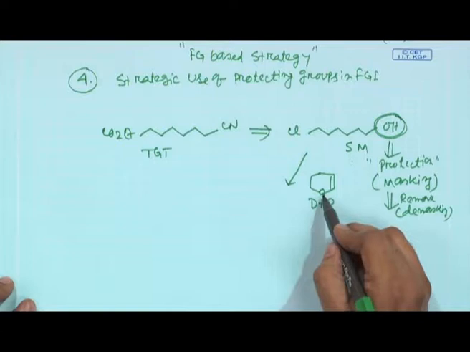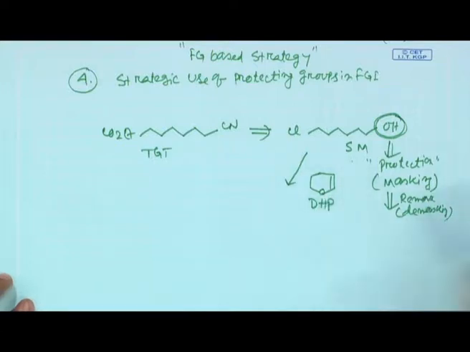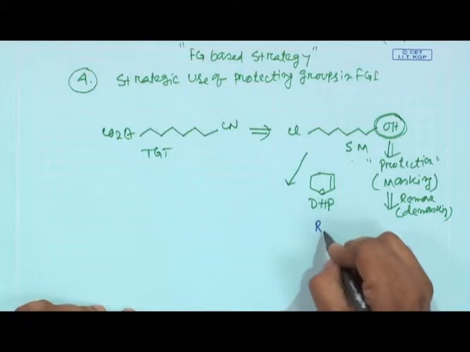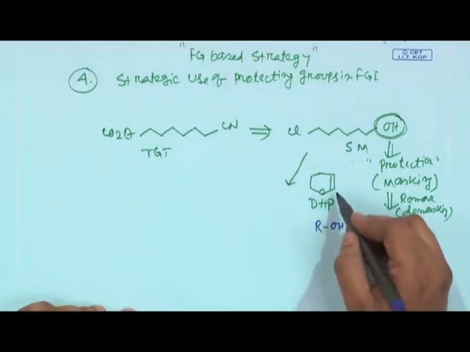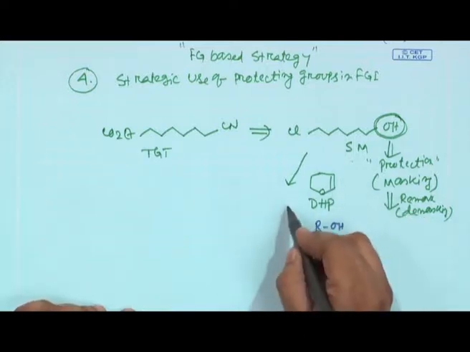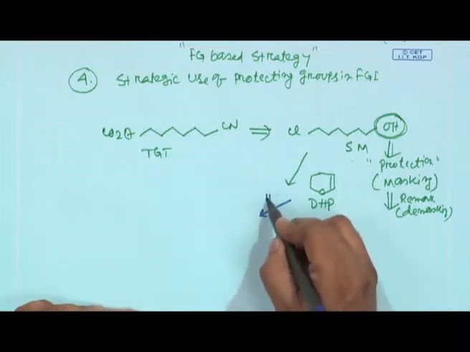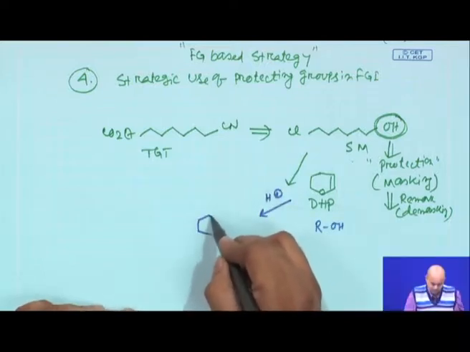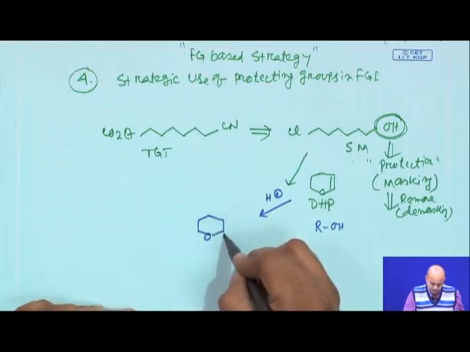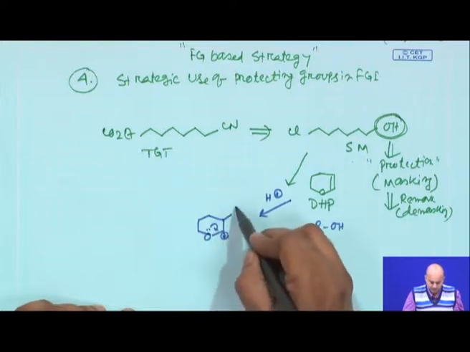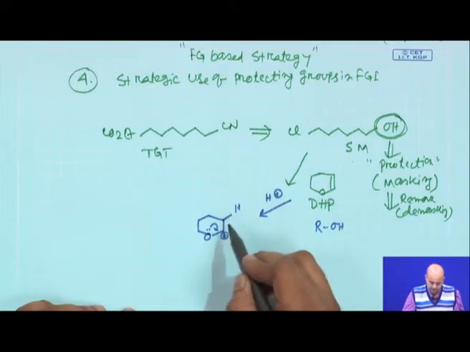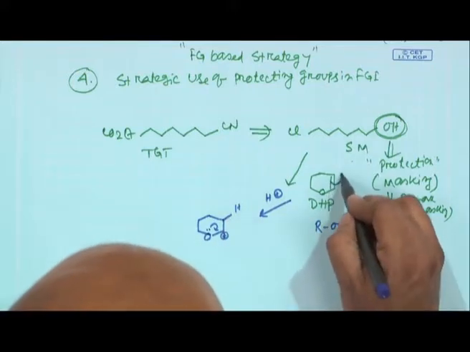Now, DHP is this reagent, and if you react DHP with an alcohol in the presence of a catalytic amount of mineral acid or para-toluene sulfonic acid, initially DHP in presence of acid gives a positive charge here, because this positive charge is stabilized by this oxygen and hydrogen is adding here. So, basically it is like this.